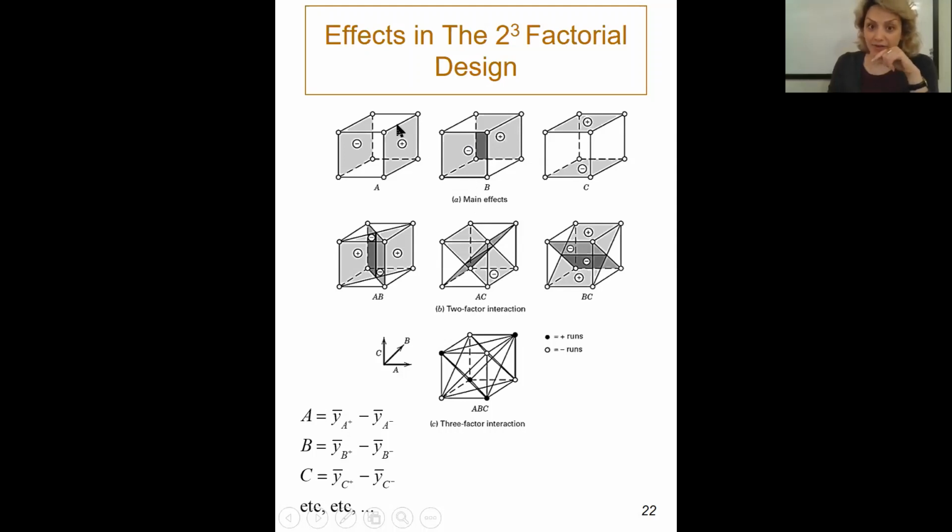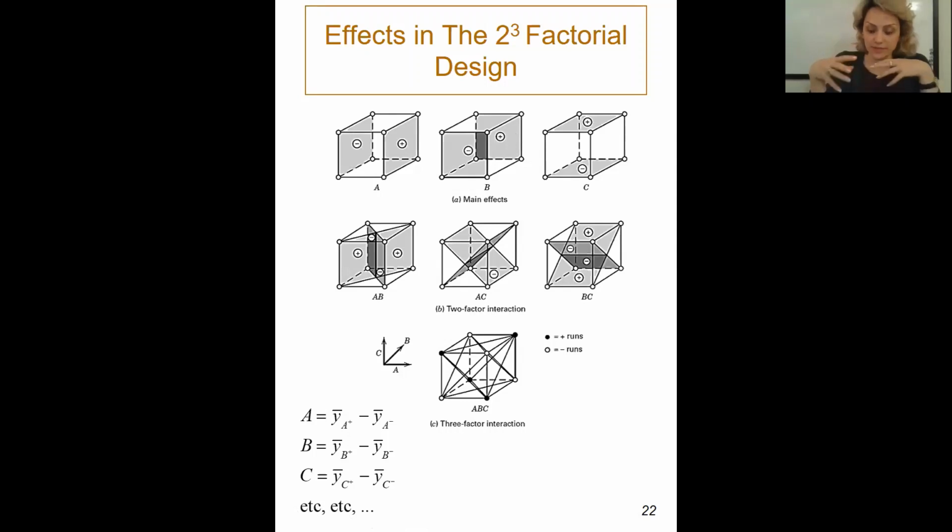So we get the average of the positive ones minus the average of the negative ones. Here again, for the main effect of B, the average effect of the positive ones and the negative ones. It's going to be super easy to find the effect if you go with the geometric version. But you can go with the design matrix as well.